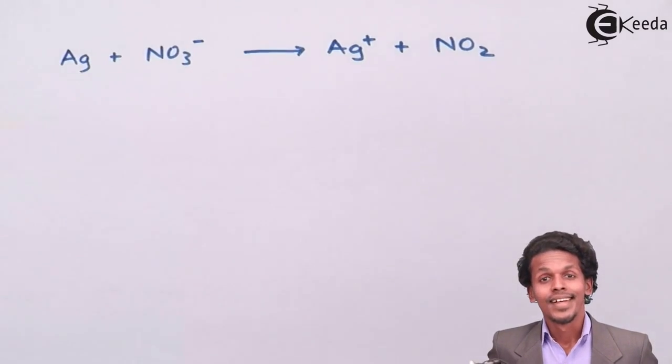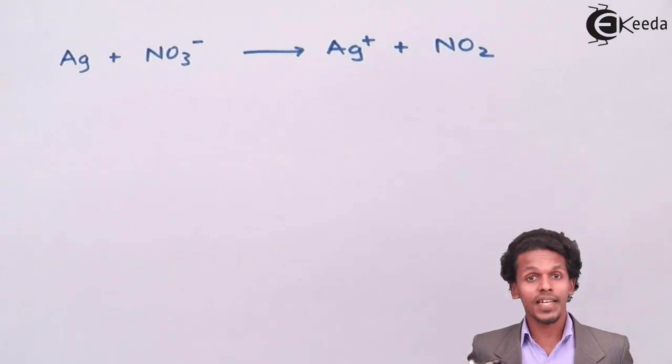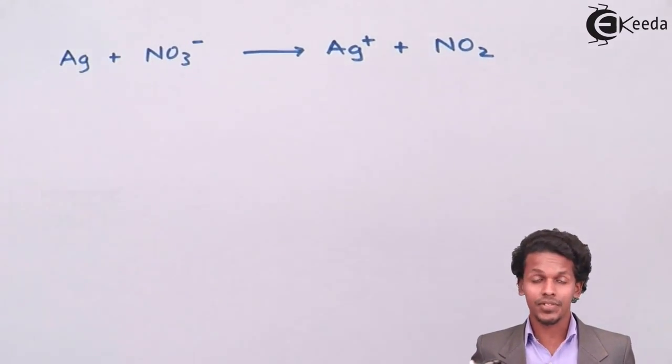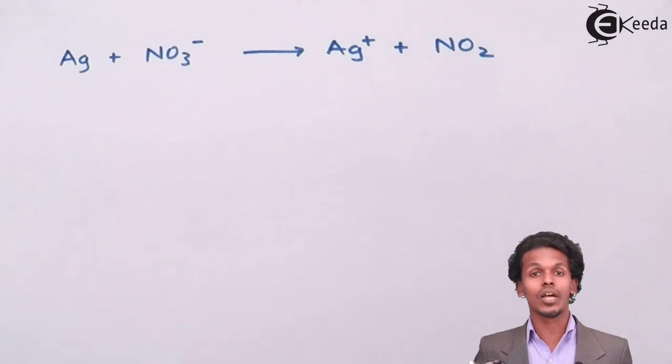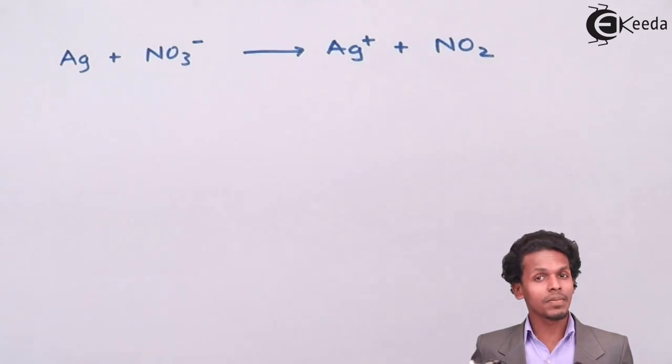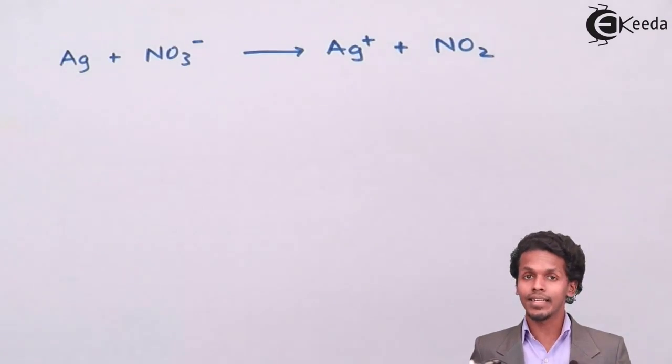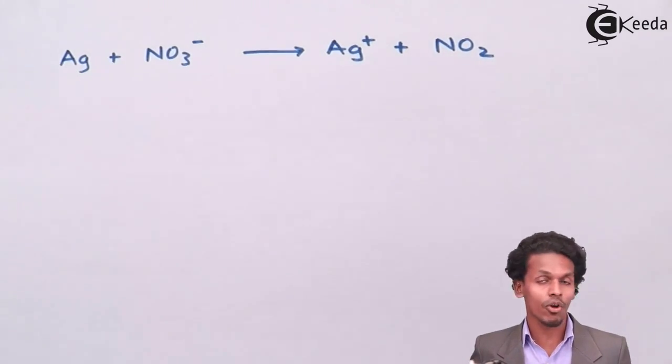So friends, first of all, as on your screen, an unbalanced reaction is being mentioned, and you have to balance it. First of all, let us see whether the atoms other than oxygen and hydrogen are balanced or not.